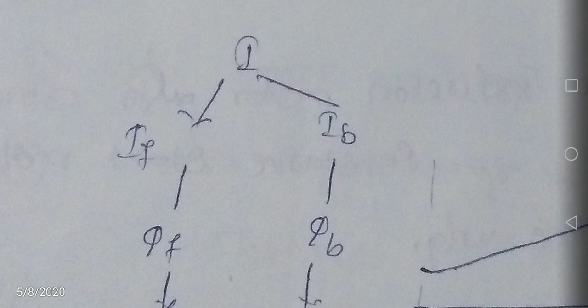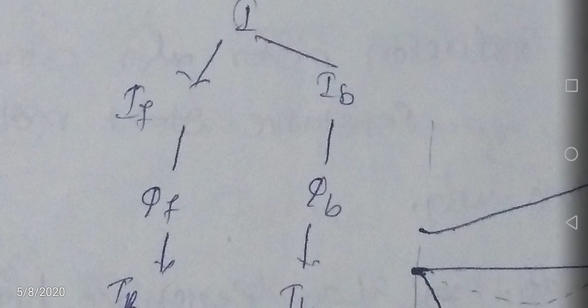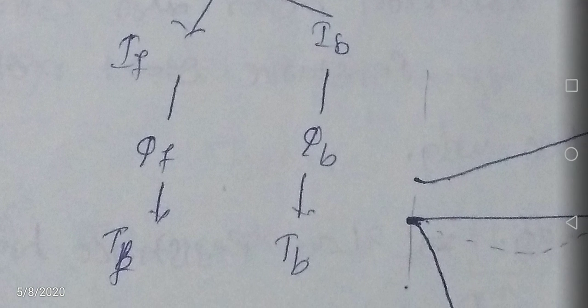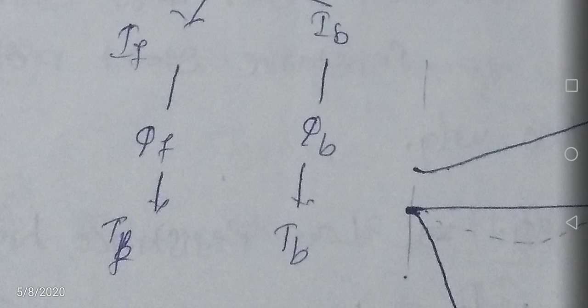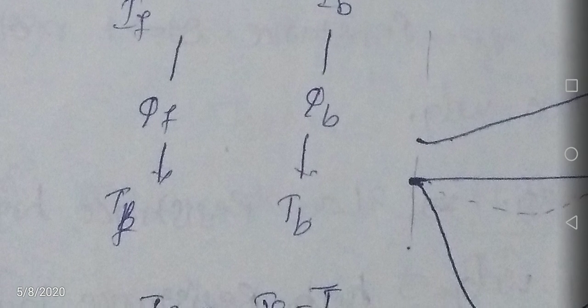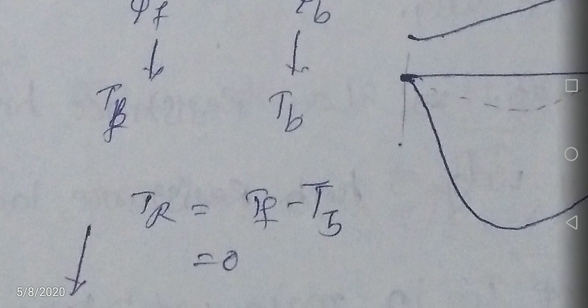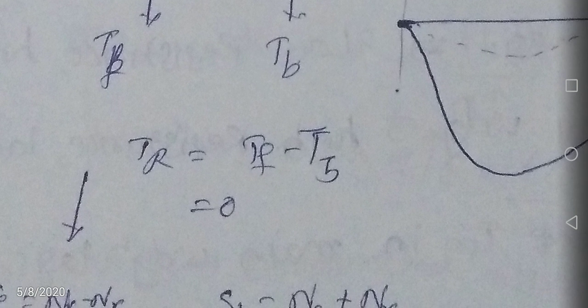So the current is resolved into two components, a forward current and a backward current. The forward current and forward flux produce a forward torque, and the backward current and backward flux produce a backward torque. So the resultant torque TR equals TF minus TB, which equals 0.